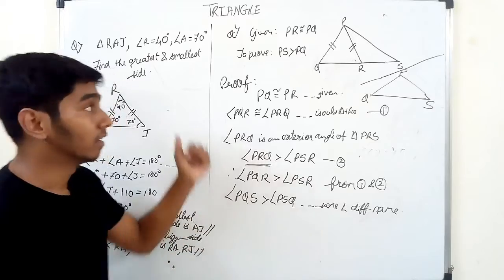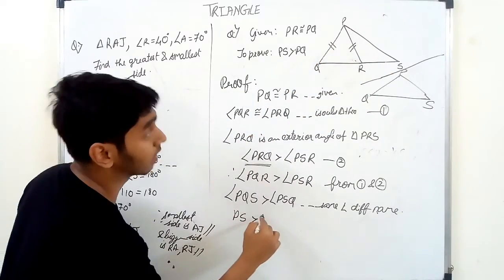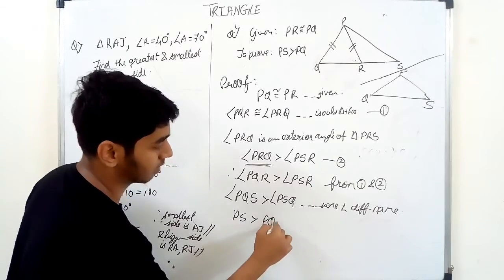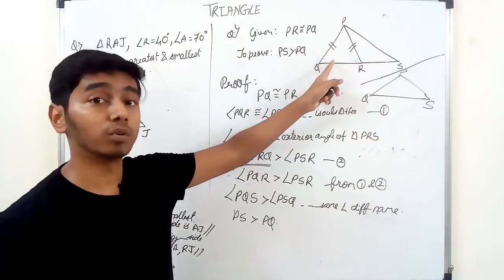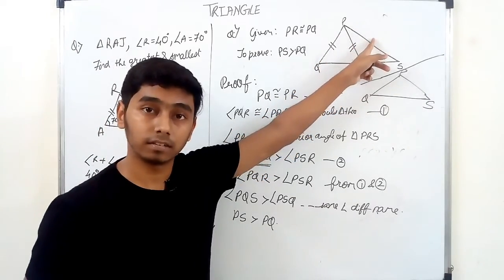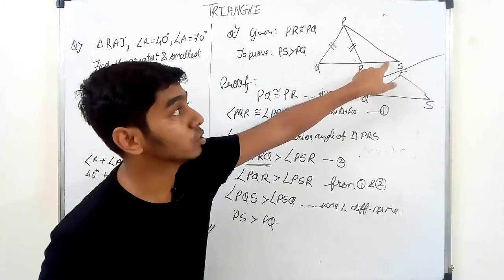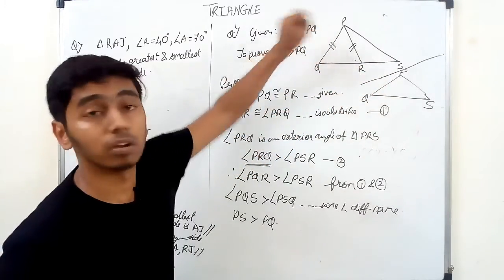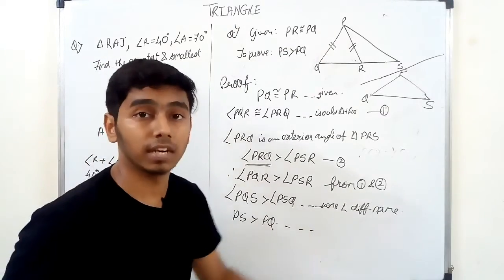Therefore, we can say that PS is greater than PQ. Why? Because this angle is greater. Therefore, the side opposite to the greater angle is greater. And the side opposite to the smaller angle is smaller. So we can write the full statement.